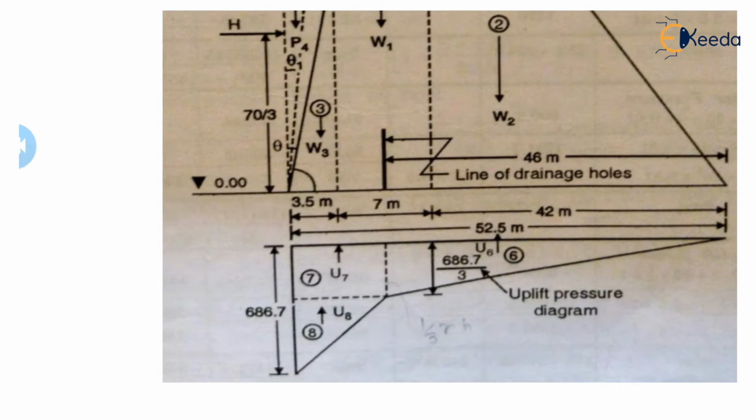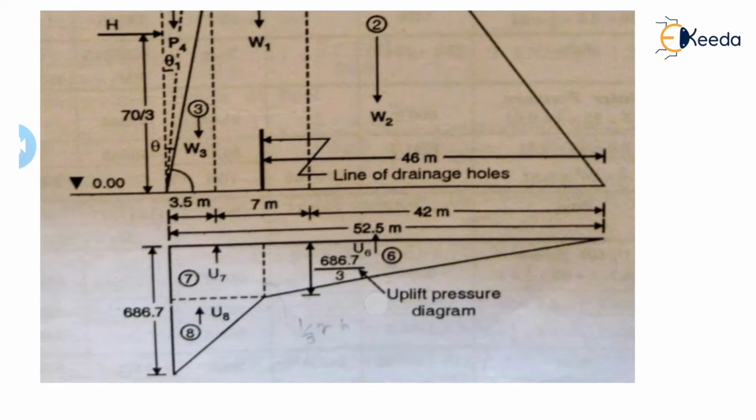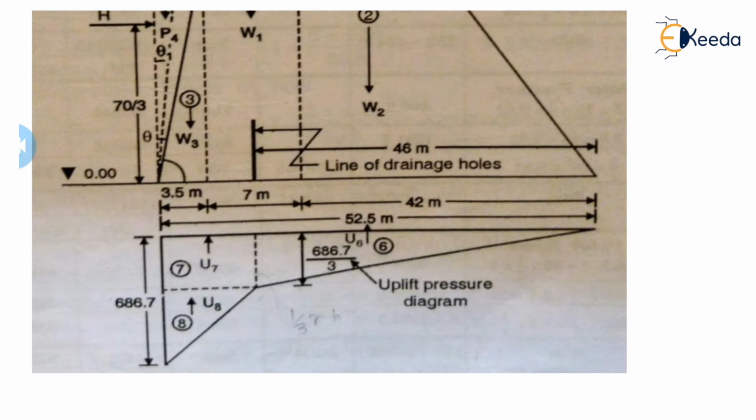The value is calculated by taking the unit weight of water multiplied by the height of water available on the upstream side. By multiplying this, we get the uplift pressure intensity at the heel section. You can see this uplift pressure diagram simply coincides with the horizontal line at the toe section.